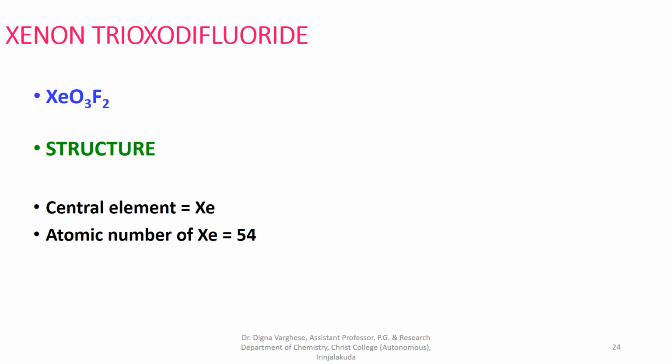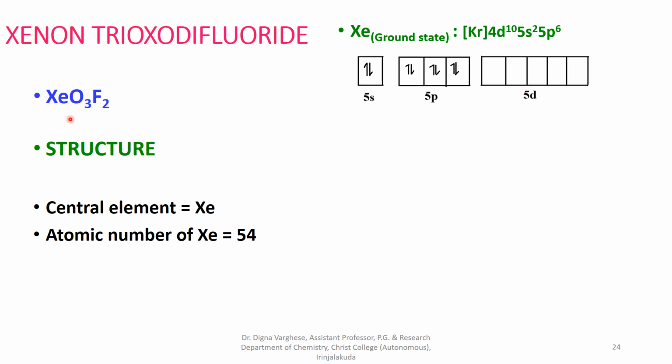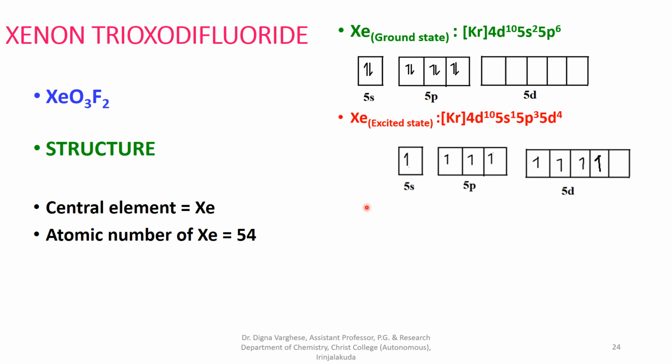Xenon trioxo difluoride. Molecular formula is XeO3F2. Central element of this compound is xenon. Atomic number is 54. Ground state configuration is krypton 4d10 5s2 5p6. After excitation, the outer electronic configuration is 5s1, 5p3 and 5d4.